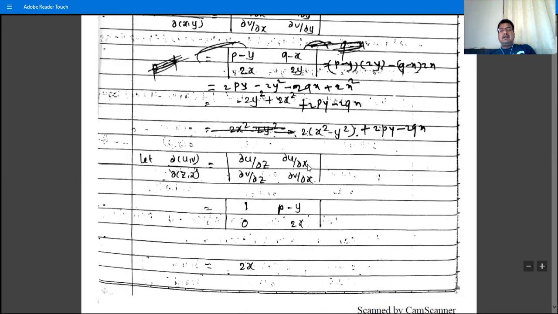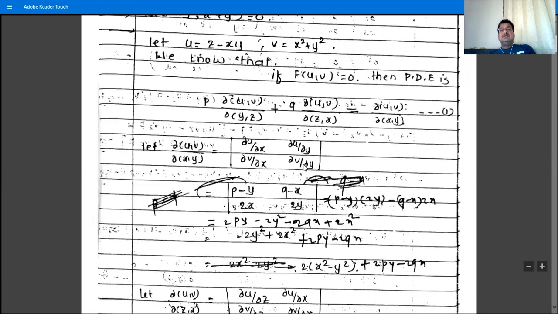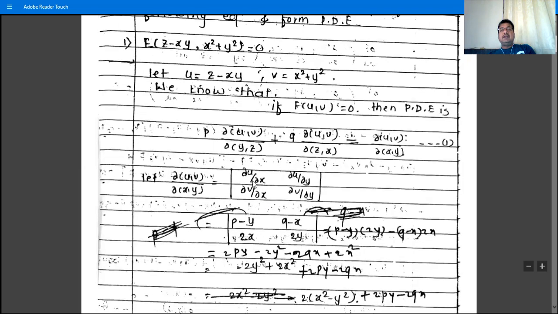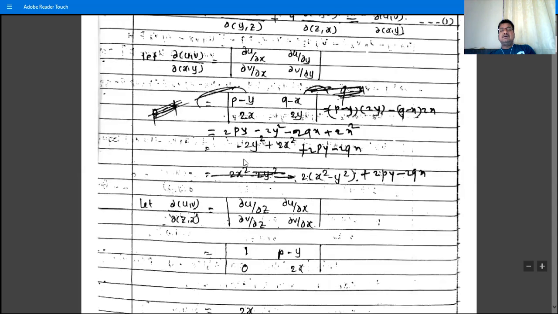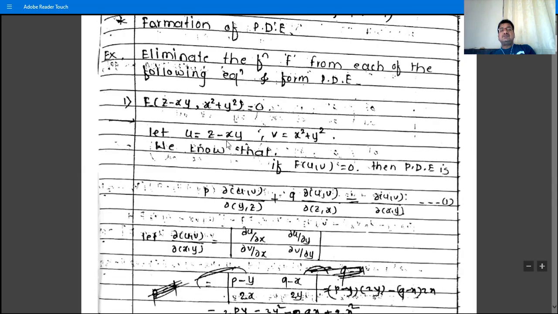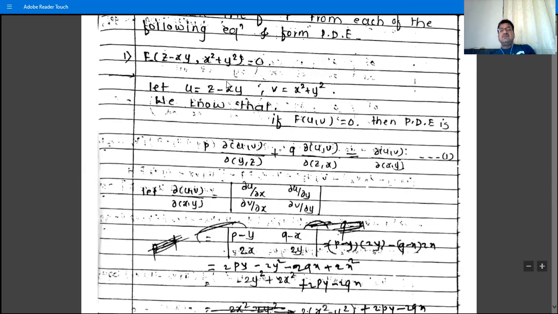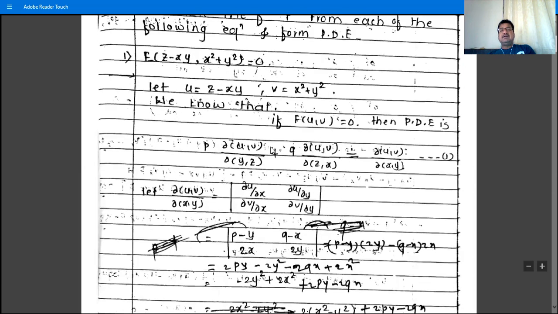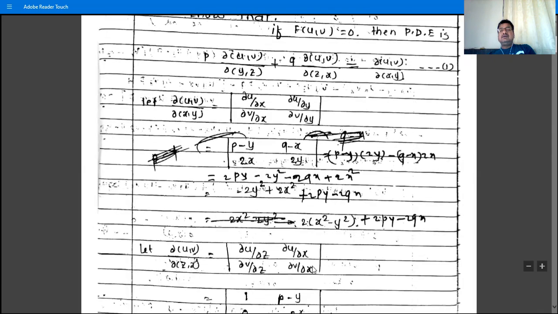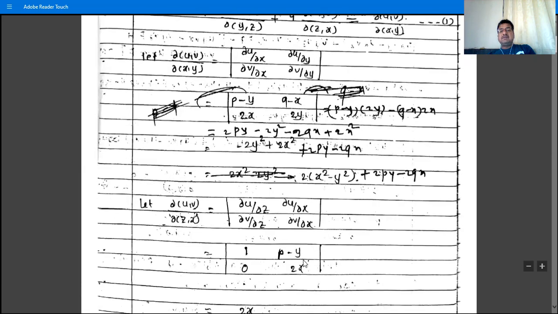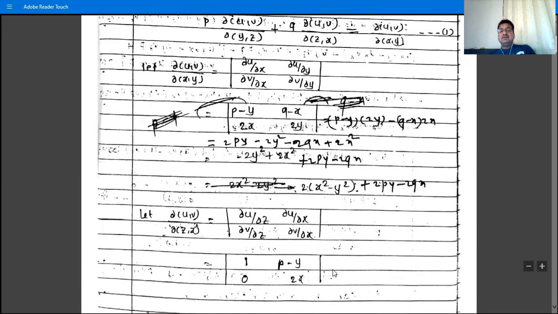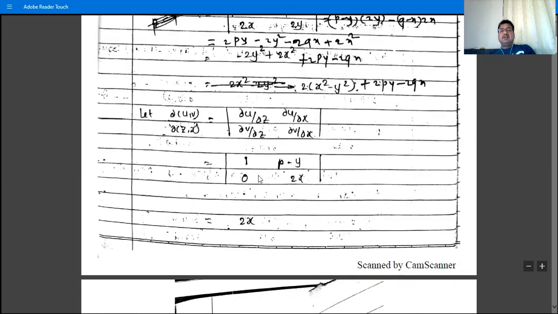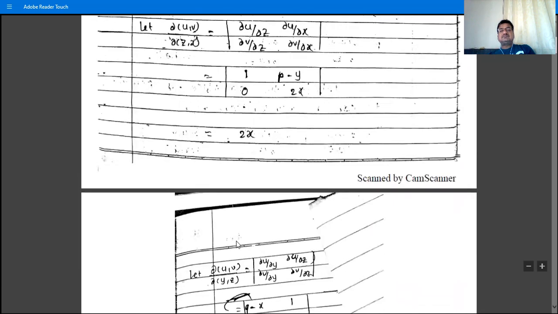Then ∂u/∂x is ∂z/∂x minus ∂(xy)/∂x, that is p − y. Then ∂v/∂z is 0, since v is x² + y² and its derivative with respect to z is 0. And ∂v/∂x is 2x, the derivative of v with respect to x.